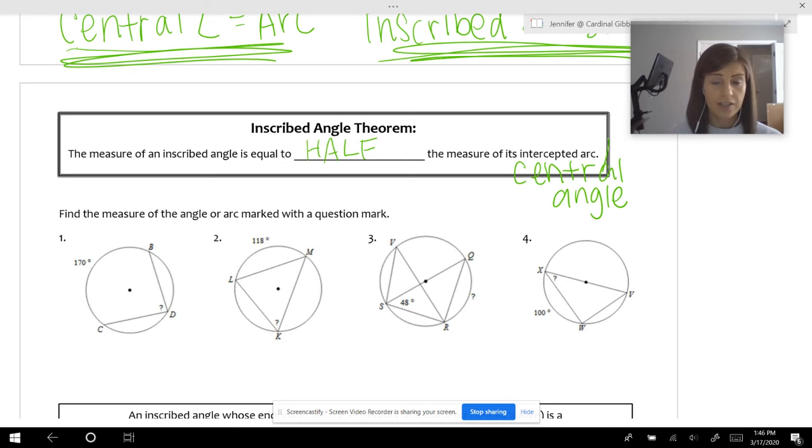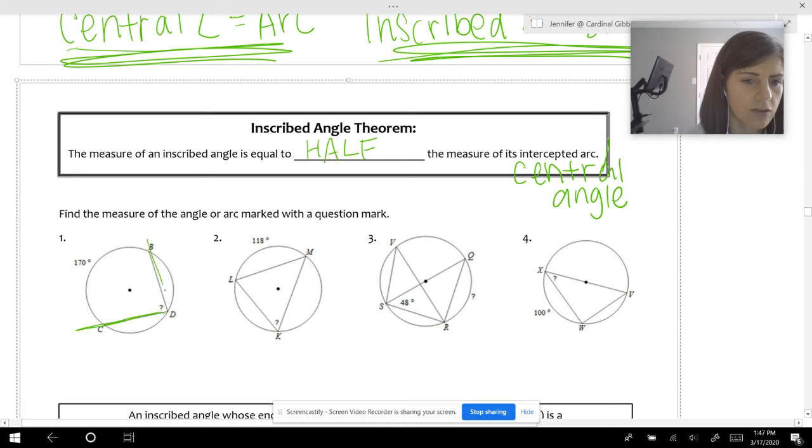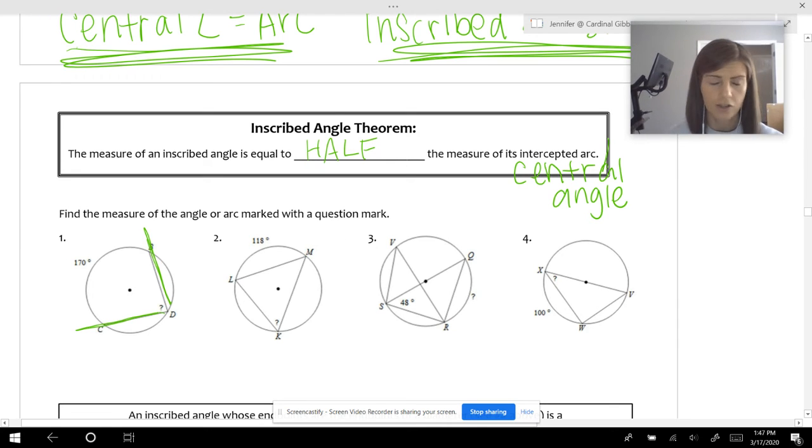All right, so we are just applying this relationship now in all of these angles. So in number one, we are looking for this inscribed angle. That's an inscribed angle, and we know that because its vertex is on the circle.